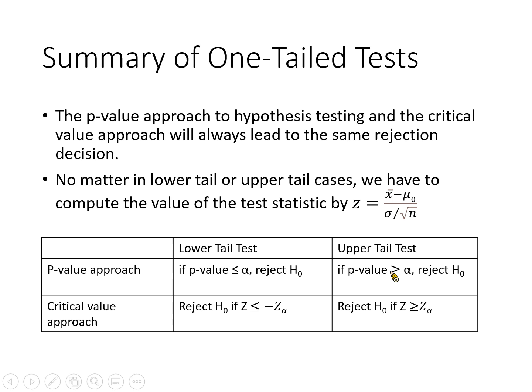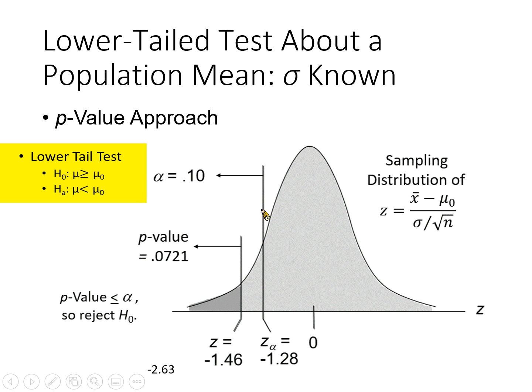And for the upper tail test, it will be the contrasting condition, that is, if the p-value is larger than or equal to alpha, you will reject the null hypothesis. And if the z-value is larger than or equal to the z-value from the significance level alpha, you will reject the null hypothesis. So you can also see it in such figures.